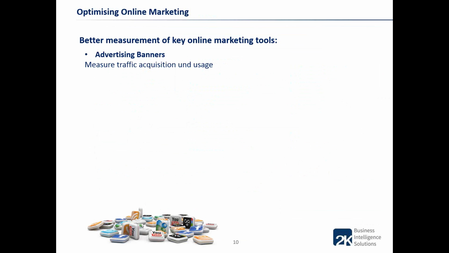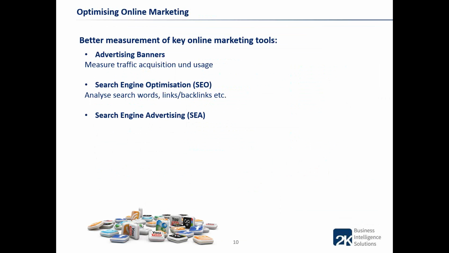When do they click on these banners, and so on and so forth. Search engine optimization is obviously a big one that we're probably all aware of. Analyze the search words that are being used that are relevant or might be relevant for your business or your industry. Analyze links, backlinks, and so on and so forth. All of these things are obviously relevant to be as high up in Google searches or other search engine searches as you can be.